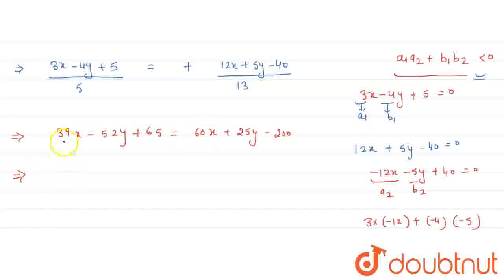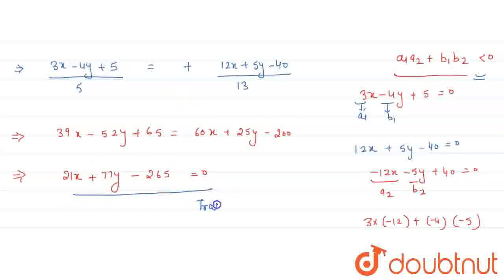Now 60x minus 39x becomes 21x, 25y plus 52y becomes 77y, and minus 200 minus 65 becomes minus 265, is equal to 0. So this is the equation of the transverse axis.